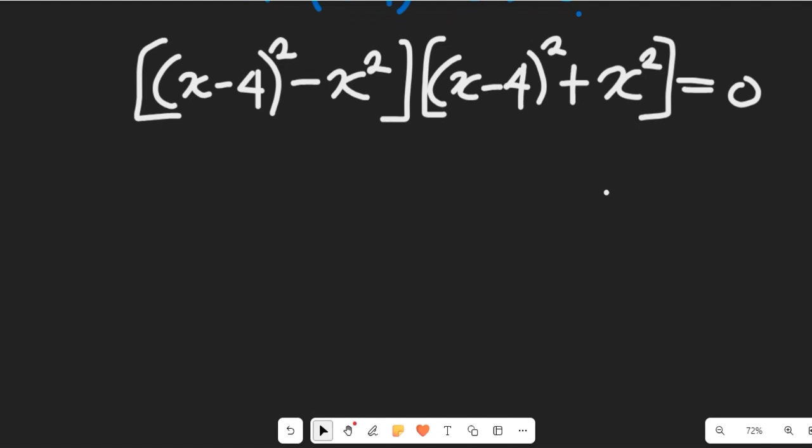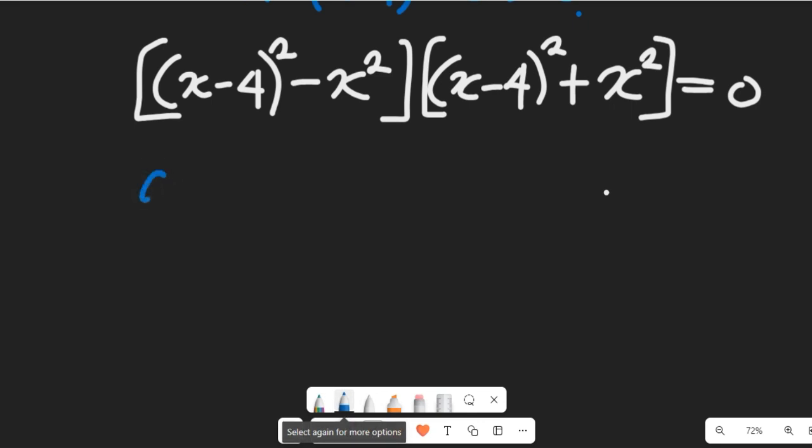From that expression, we can see that from another algebraic formula, if we have (a minus b) squared, the expansion gives us a squared plus b squared minus 2ab.